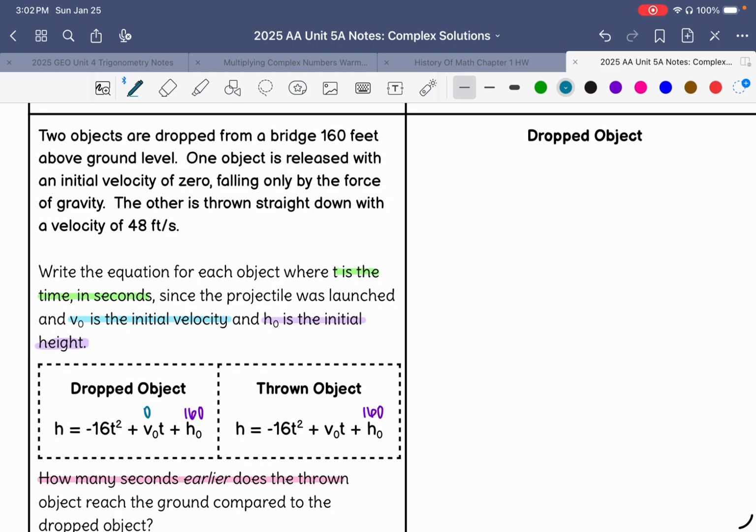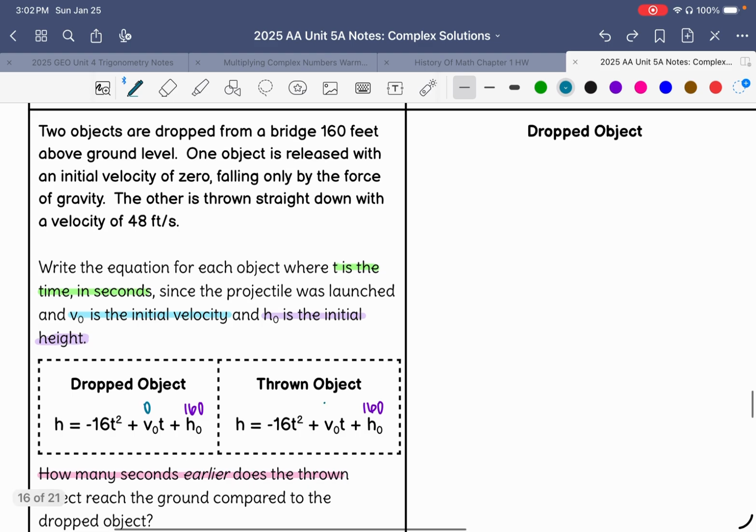Because the other one is thrown straight down with a velocity of 48 feet per second, my initial velocity here is 48 for the thrown object, but we are going to assign a direction to it as well. Because we are throwing downward, I'm going to make that a negative 48. And then we don't have to do anything with the 16t squared because that's part of our equation.